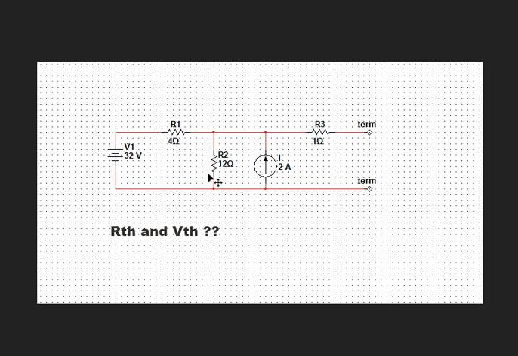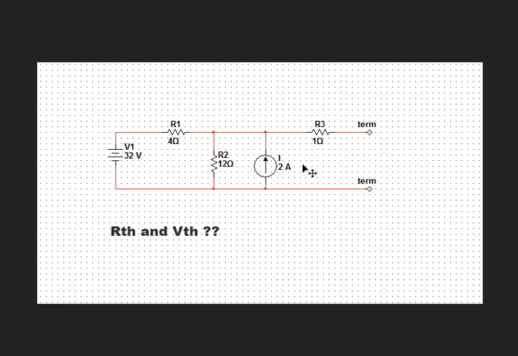The R Thevenin value will be equivalent to the total amount of resistance in the circuit when the sources are removed from the circuit, and V Thevenin would be the voltage that appears right at this terminal.